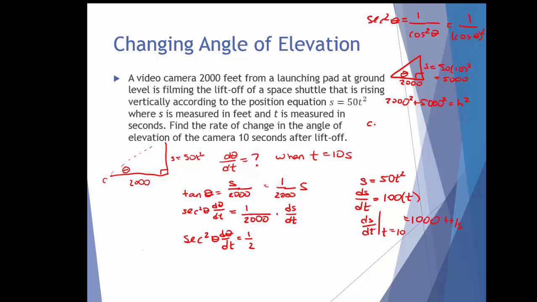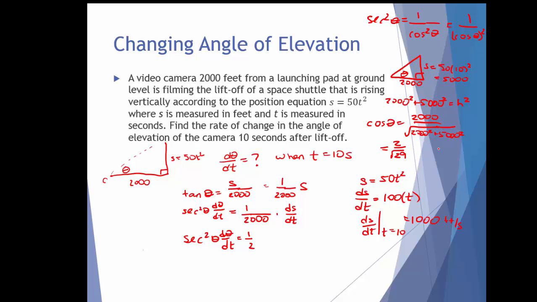So we take 2,000 squared plus 5,000 squared, and that'll give me my hypotenuse squared. So the cosine of this angle, which is the adjacent over the hypotenuse, is going to be 2,000 for the adjacent divided by the square root of 2,000 squared plus 5,000 squared. So the cosine of this angle ends up being 2 over the square root of 29.